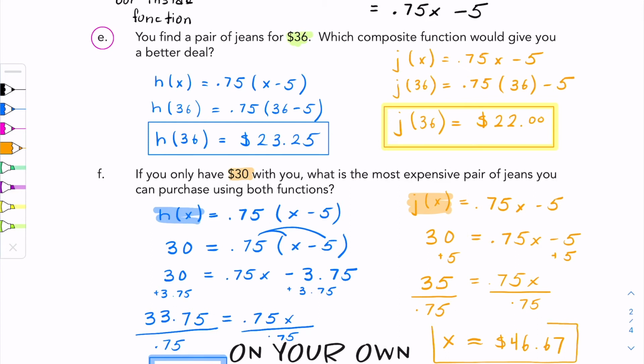And using the j of x function, if we only had $30 to spend, the most expensive pair of jeans that we could purchase is $46.67. So the j of x function would actually allow us to buy a more expensive pair of pants and still only pay $30.